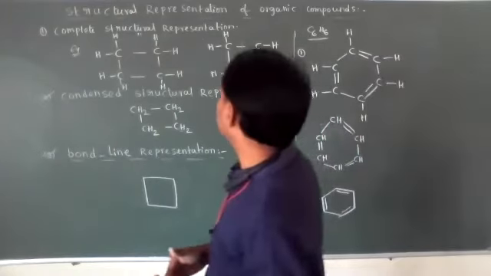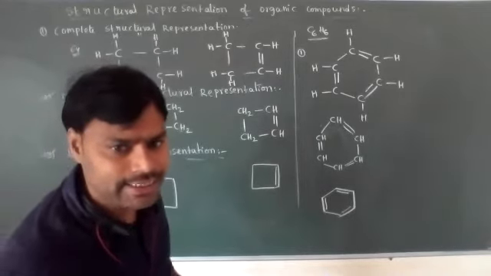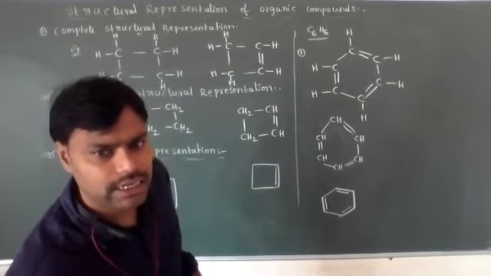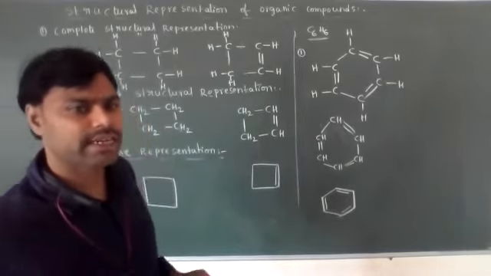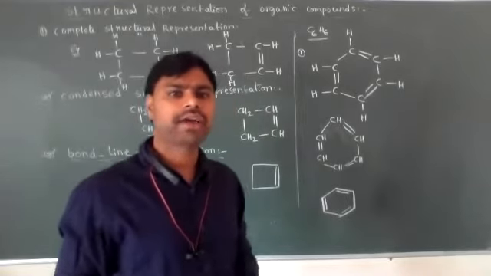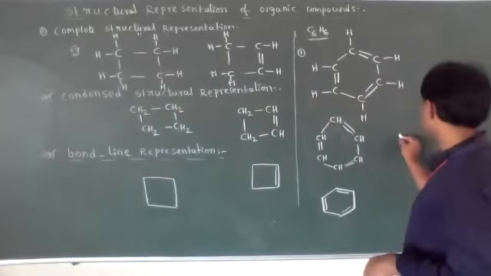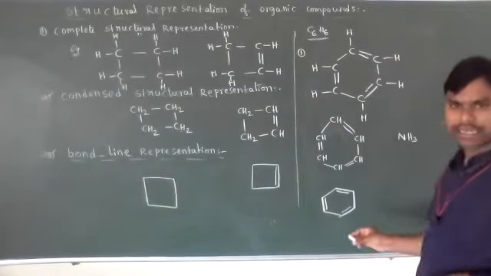So this is about structural representations of organic compounds. NH3 is not an organic compound, Ishwari. NH3 is an inorganic compound; there are no carbon atoms. That's why we don't consider ammonia as an organic compound. If you want to write NH3, just write NH3, it is correct.